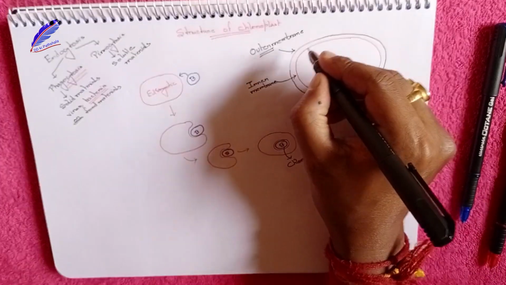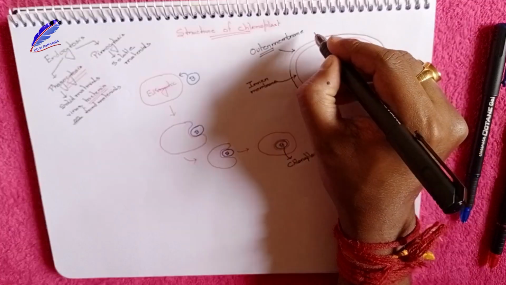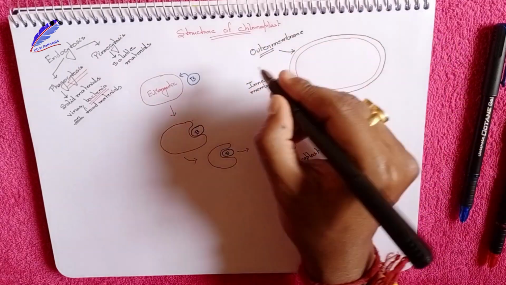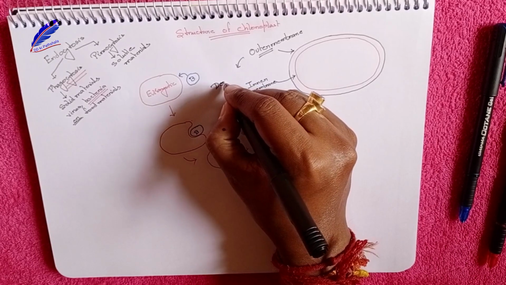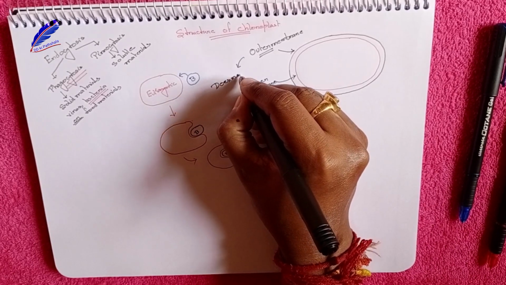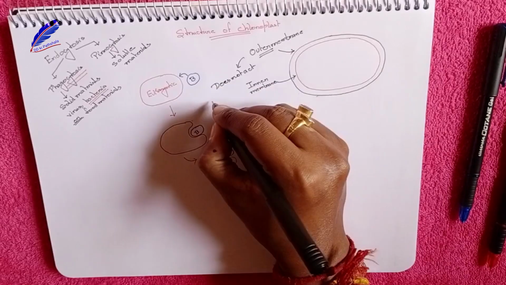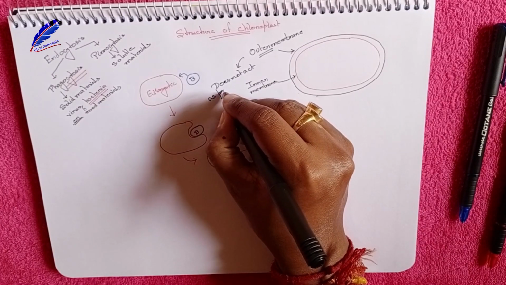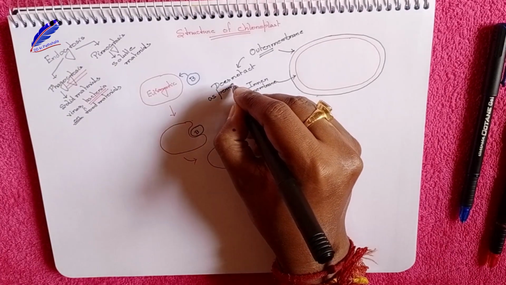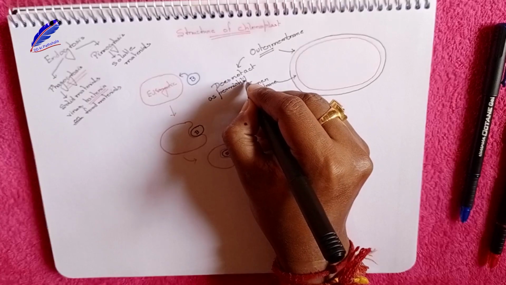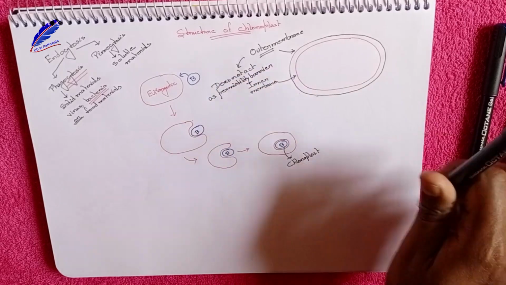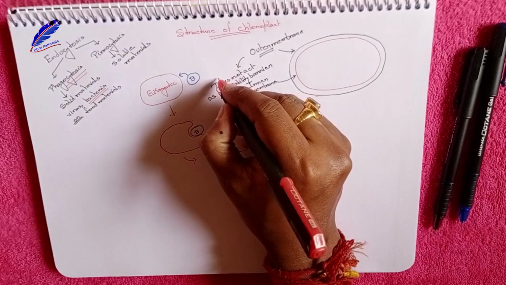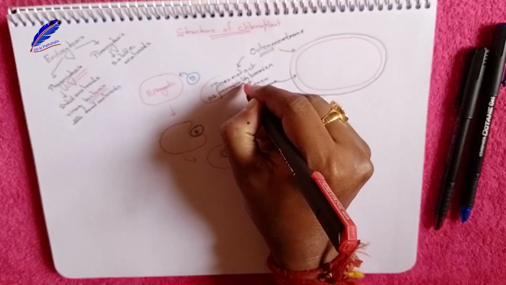We know that the outer membrane does not act as a permeability barrier. That is, the outer membrane of chloroplast as well as mitochondria.